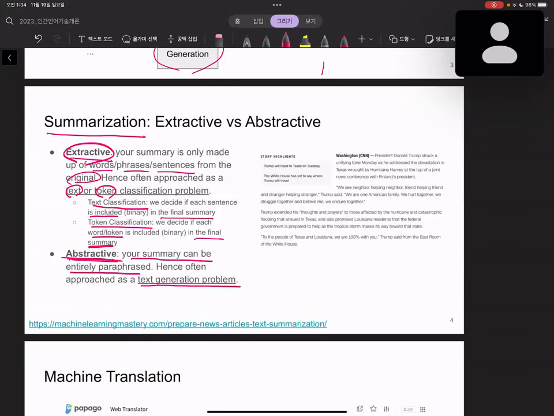Because there are no such sentences or tokens in the given text, we cannot perform the summarization by using a text or token classification model. In this situation, to generate novel sentences, we have to formulate this as a text generation problem.